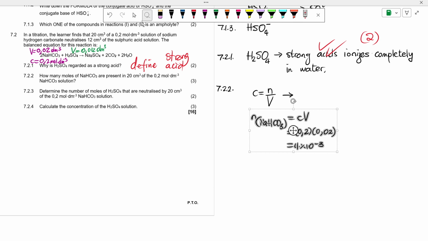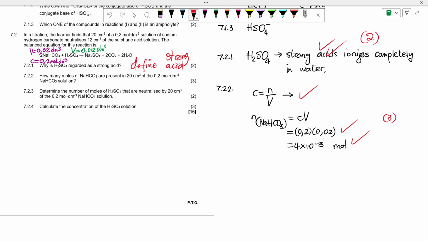Moles, yes. I see why it confused you, because this was C equal to, and then I changed it around on the same line. So just put it on the bottom line and you can see that we are doing moles. Good. It's 3 marks, pretty straightforward. It's the equation, it's the substitution, it's the final answer.